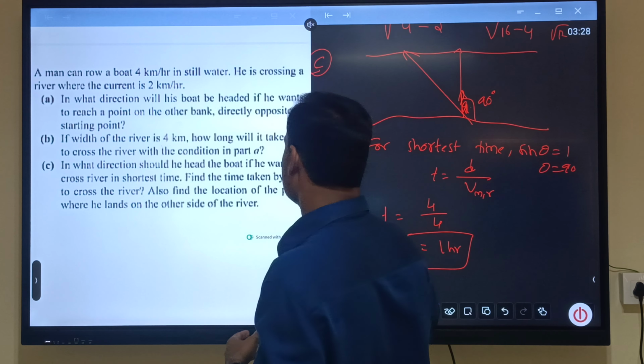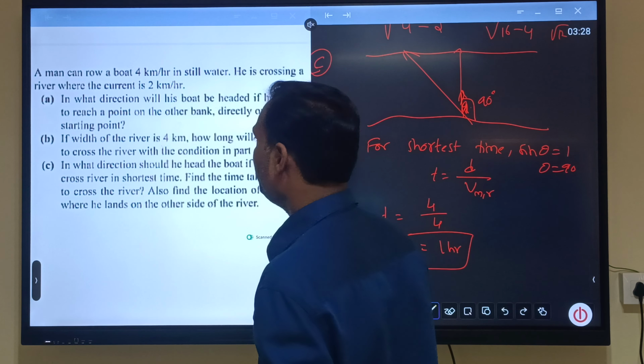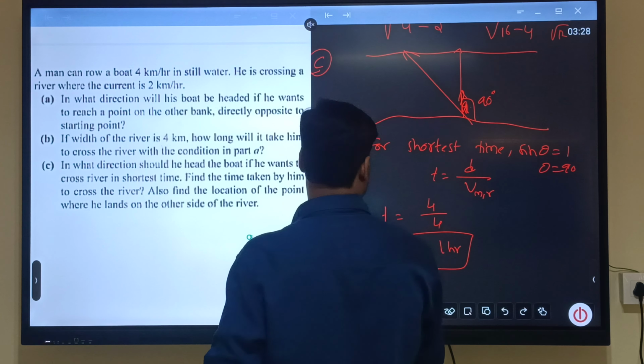And also find the location of the point where he lands on the other side of the river.